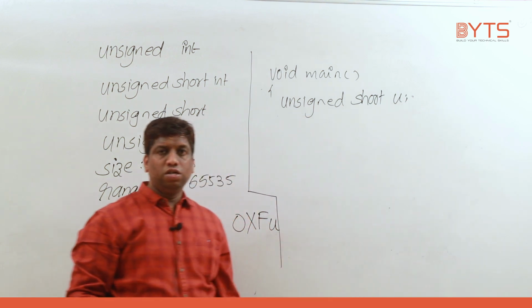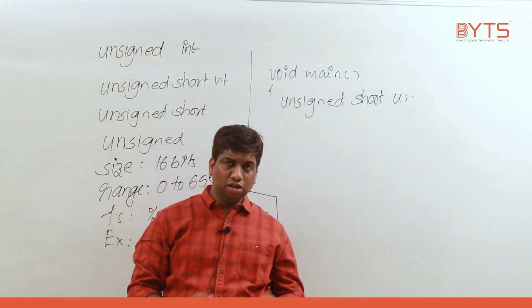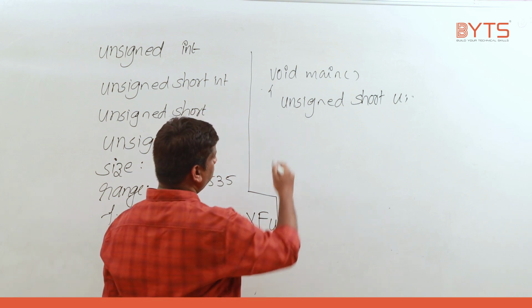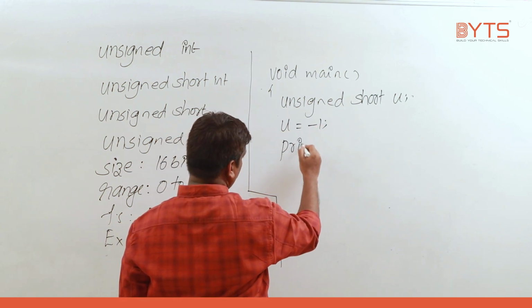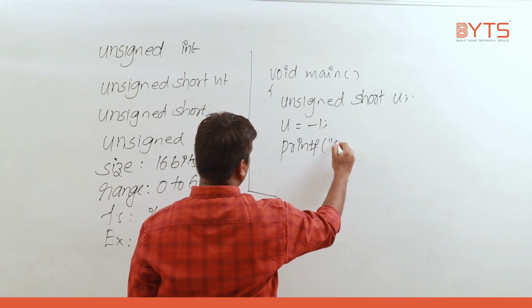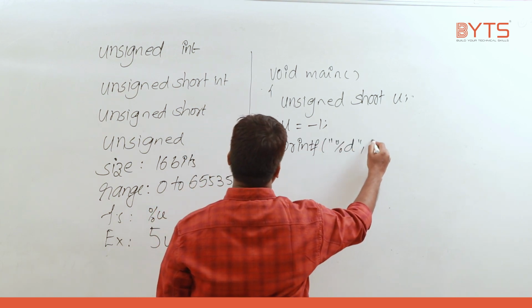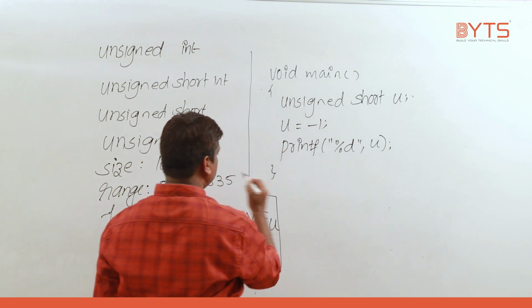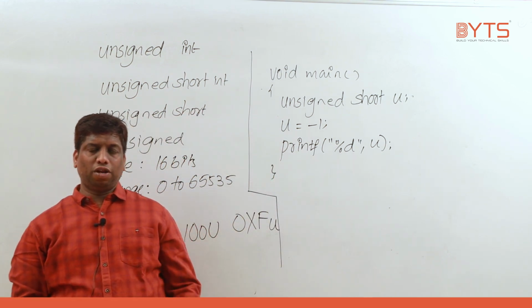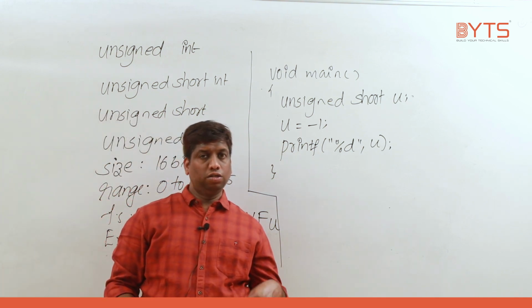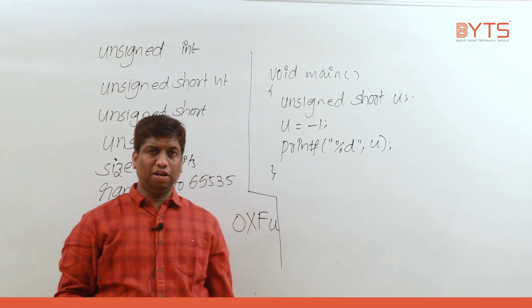Now see, the variable is of type unsigned short u. Well, guess the answer. Mostly people are expecting the answer as error or 65,535, but you need to understand a little something important.